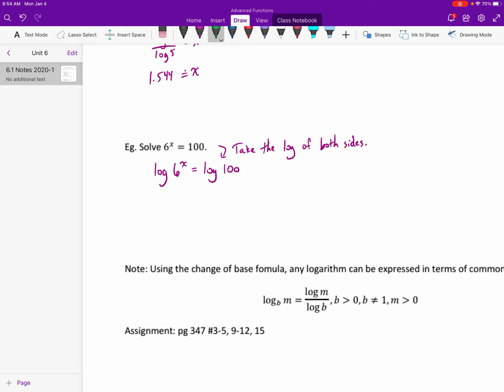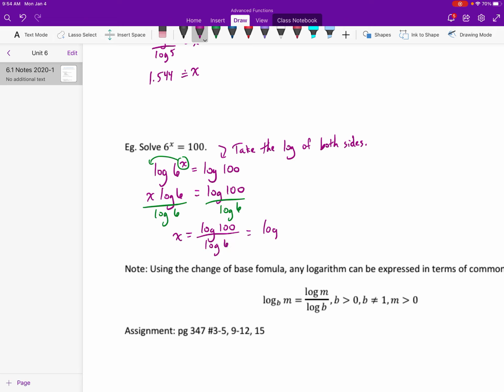So the power law of logarithms says that we can take this x, the exponent, and move it out in front. So we have x log 6 equals log 100. If we're trying to get x by itself, we can divide both sides by log 6. Now on the left side, we just have x on its own, and we have log 100 over log 6.